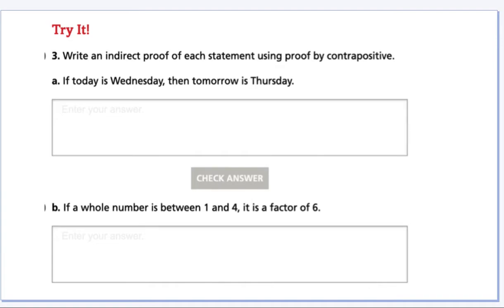So take a look at these next two, the trios here. I want you to write an indirect proof of each statement by using a proof of contrapositive. So if today is Wednesday, then tomorrow is Thursday. So we assume that tomorrow is not Thursday.